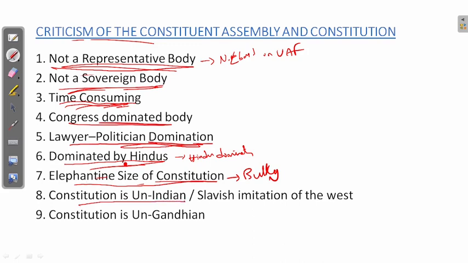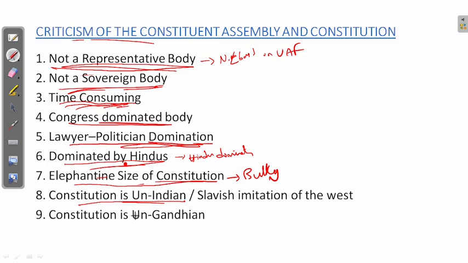Next, the Constitution is un-Indian. Some critics said that it does not reflect the political traditions and the spirit of India. They said the foreign nature of the Constitution makes it unsuitable to the Indian situation. These were the arguments.